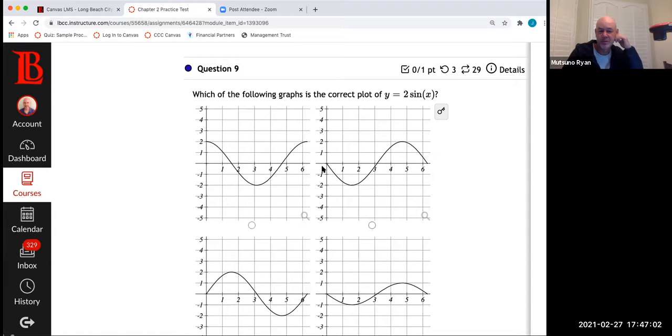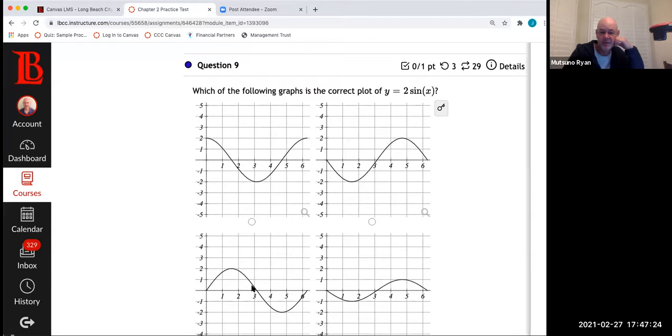So it's either this one or it's this one. Oh, or this one. We just know it's not this one. This is definitely a cosine wave. Now we need to start here and go up 2, not down 1 or down 2. We need to go up 2 because that's a positive 2 there. So it's definitely going to be this graph here.